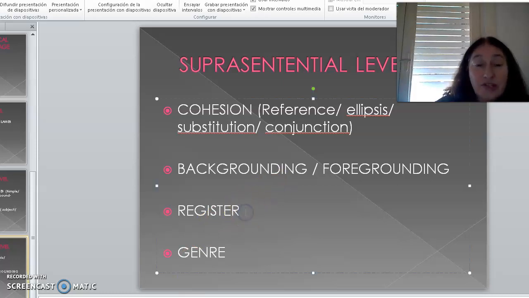And then register, which is connected to formality, and genre, which is basically connected to linguistic variation in relation to communicative purpose. For example, we could say academic writing or a letter of application.